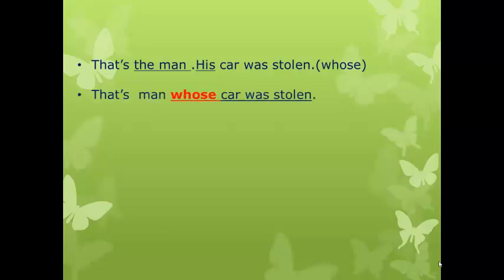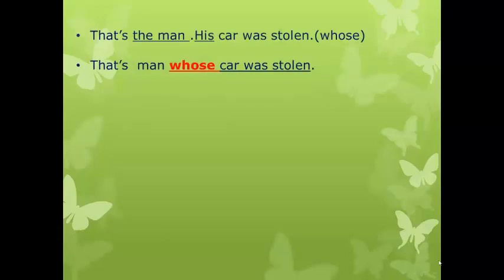That's the man whose car was stolen, and the underlined clause here, whose car was stolen, is the relative clause that talks or tells us about the man. And whenever the clause is necessary to the meaning, we call it a defining relative clause, which gives us necessary information about the noun. We can't delete this clause.